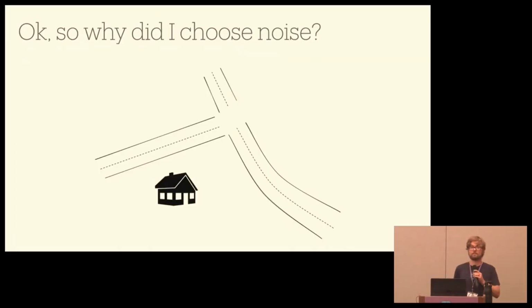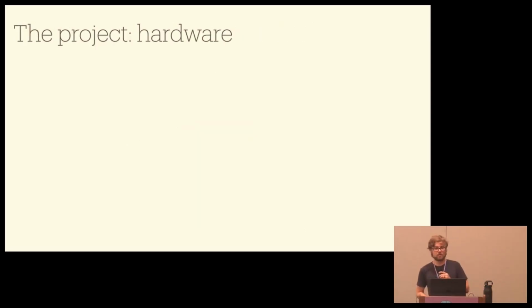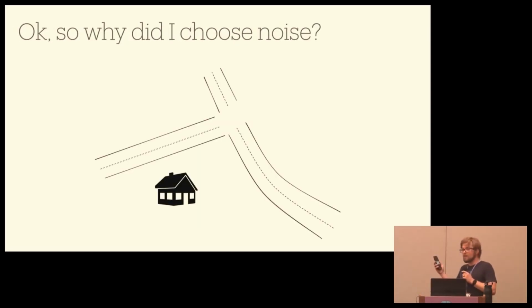So why did I specifically choose noise? Here's a simple little diagram of my house, and there's an intersection in front of my house. Earlier somebody mentioned cars. There's a stoplight, and when people stop at that stoplight and wait for it to turn green, when it turns green, oftentimes people like to really mash down that gas pedal, and it makes a lot of noise.